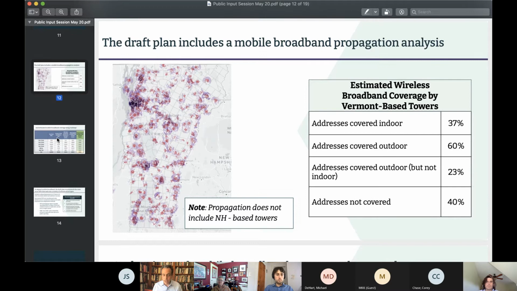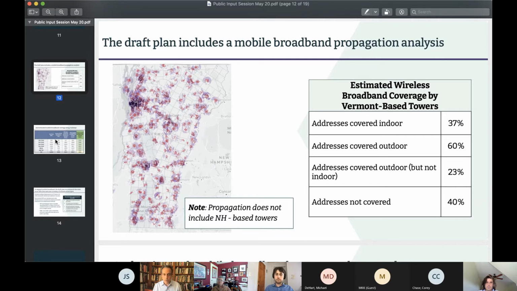Addresses that are covered indoors as well as addresses covered outdoor. But a couple of notes with this is, one, it doesn't include New Hampshire-based towers. So it may be under reporting along the Connecticut River.